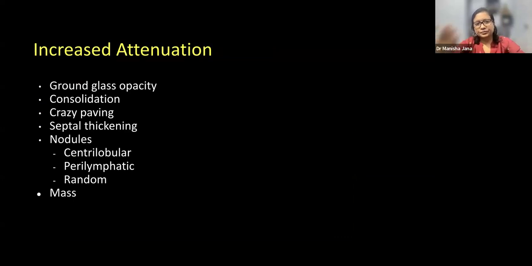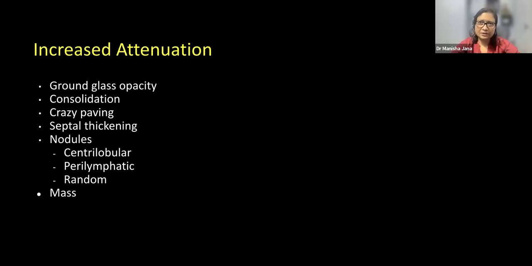Now we are talking about the right hand of that figure, when we see increased attenuation within the lungs. Lungs are filled with air, so that's why they are usually black. The little bit of density that we see in normal lung is because of the vessels, the vascularity within the lung.